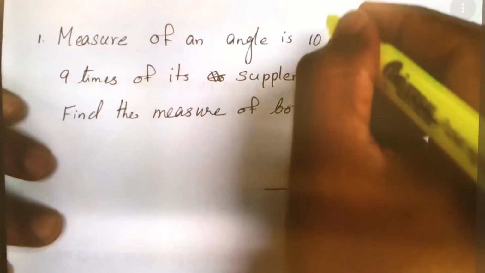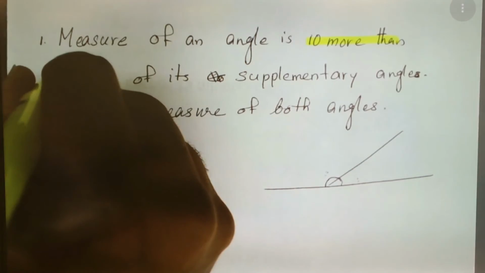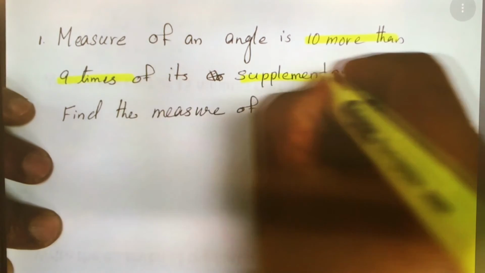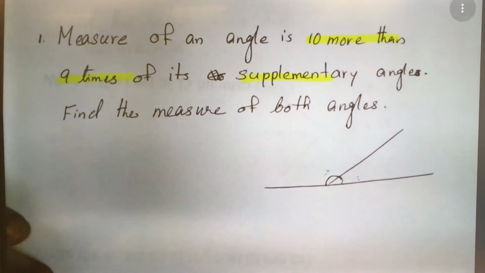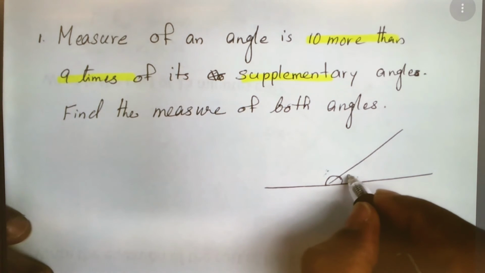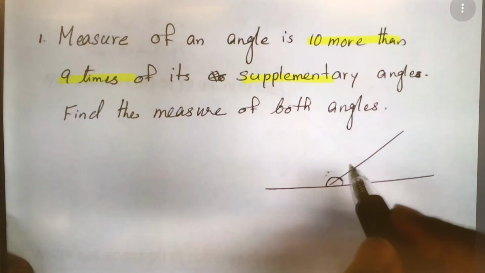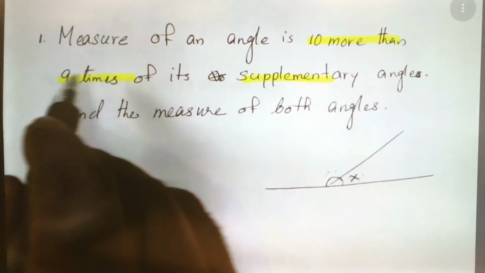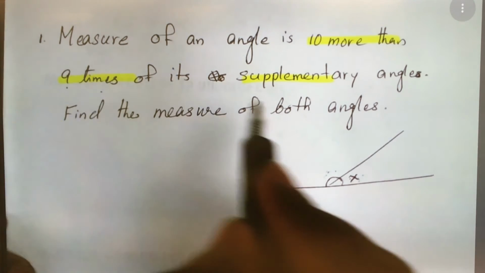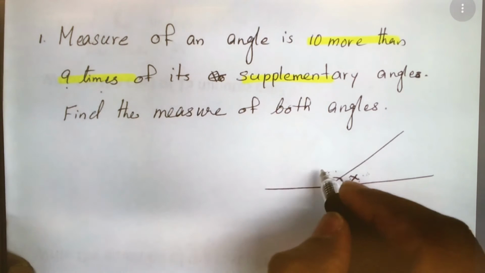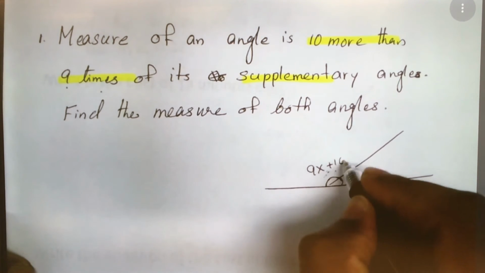So let me underline the important part here. 10 more than 9 times the supplementary. I don't know how much the angle is here, so let this angle be x. So this angle is 10 more than 9 times this angle. So I can write the expression for this angle as 9x plus 10.